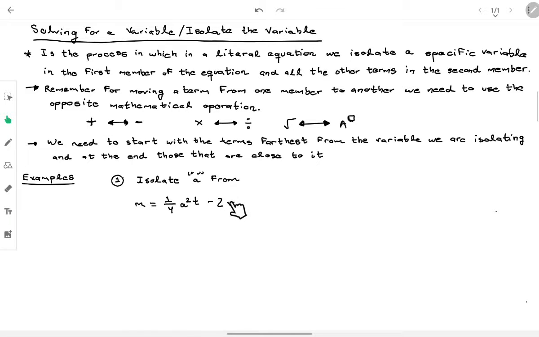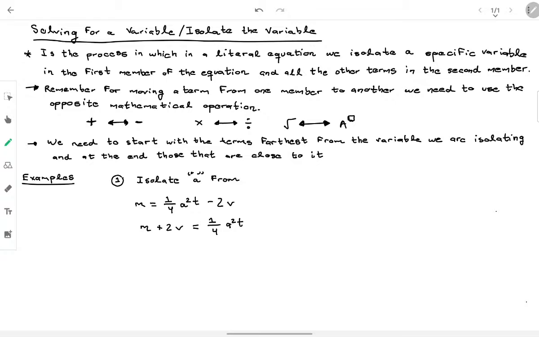The minus 2b is in a subtraction here, so we can send it as an addition to the other side, and it's going to be m plus 2b equals 1/4 of a squared t.